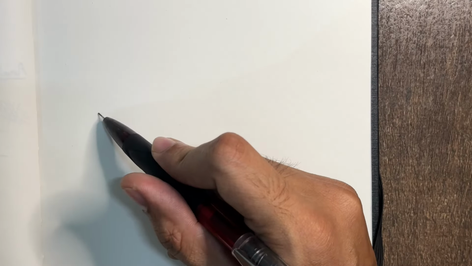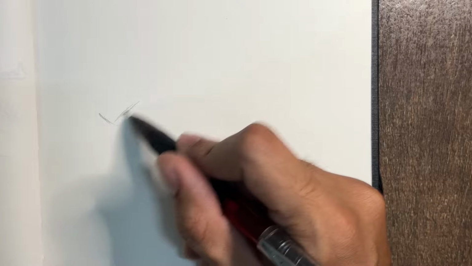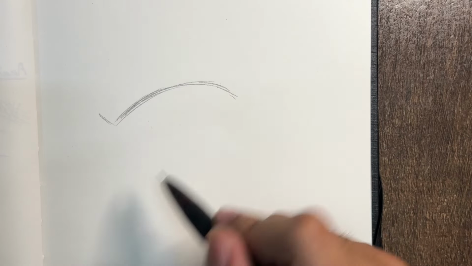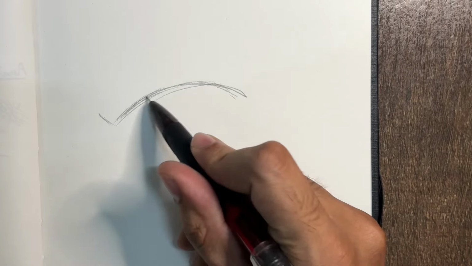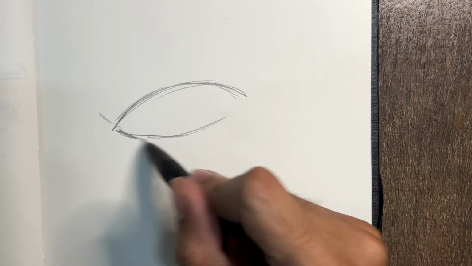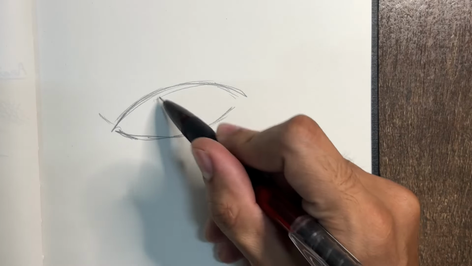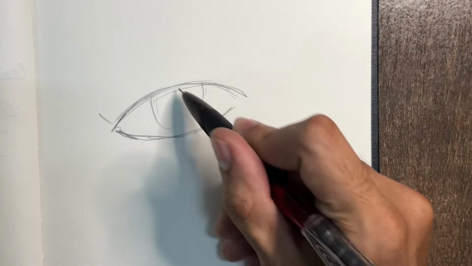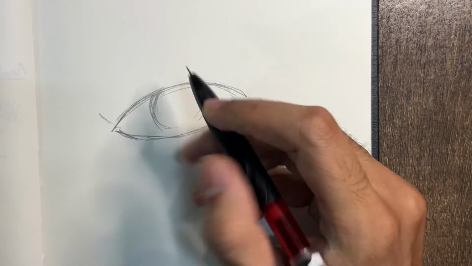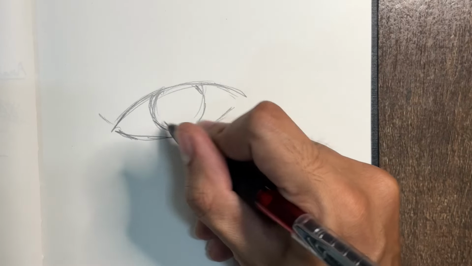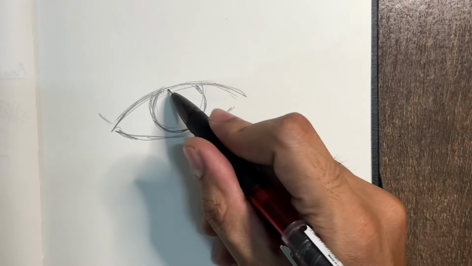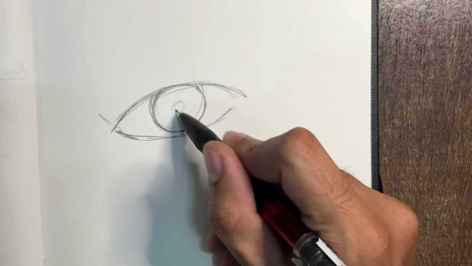We'll start with drawing just one of the eyes. One thing that you need to keep in mind while drawing eyes is where you place the iris and the pupil.